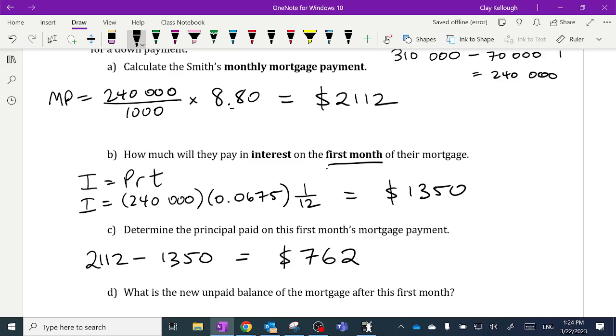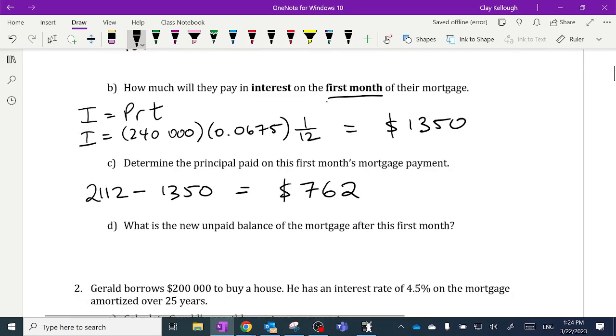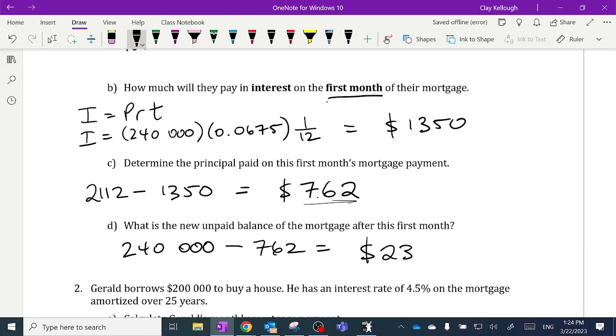Well, again, this isn't the mortgage, this number. That's how much the house cost. $240,000 is the mortgage. So I started out with a mortgage of $240,000, and this principal payment now brings down how much I owe. So I owe, if I did this right, $239,238.